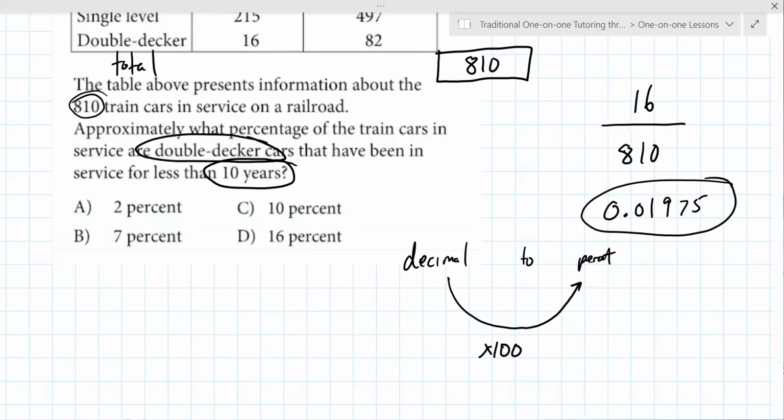You have an answer for me? I got 1.97500. Okay. So that's 1.975%.